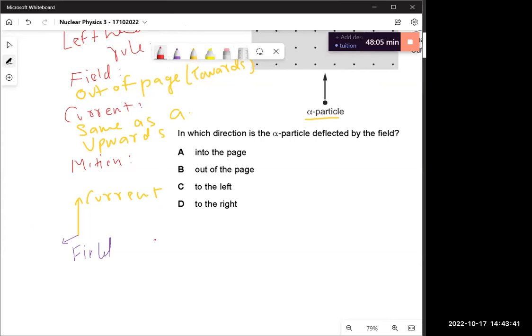Okay, do one thing. Anas, point the current up, so your middle finger upwards. And then point your index finger towards you. Where is your thumb pointing? It's to the left. Are you sure? Okay, turn on your camera and show it to me.